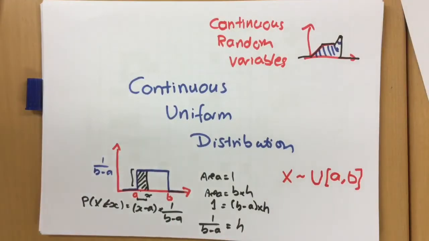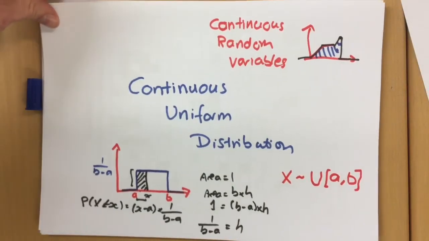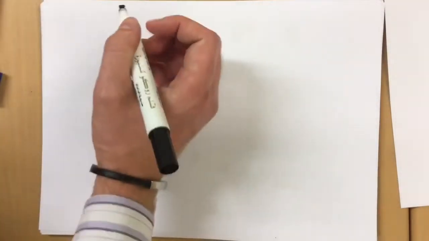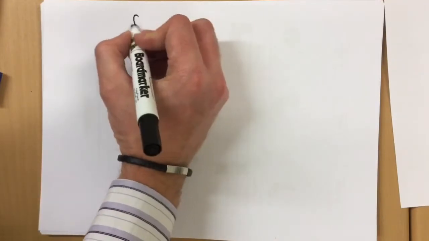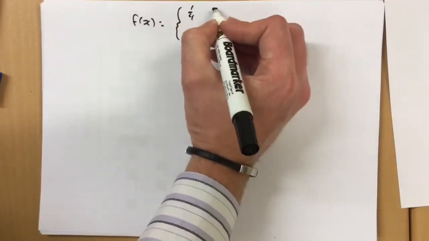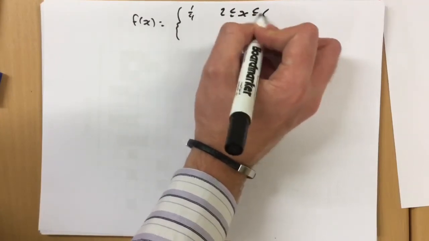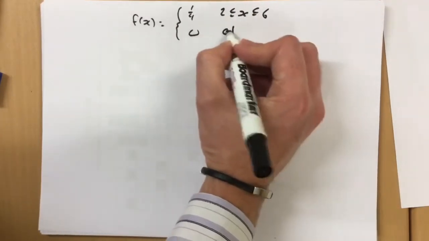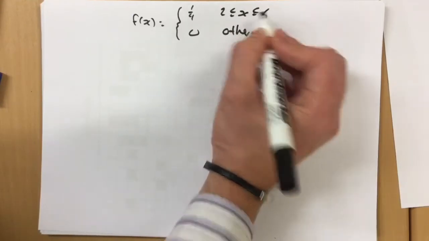So let's have a look at a daring and dangerous example of the continuous uniform distribution. Here we go. So let's say we have a function defined by a quarter and 0 otherwise, so a quarter between 2 and 6.